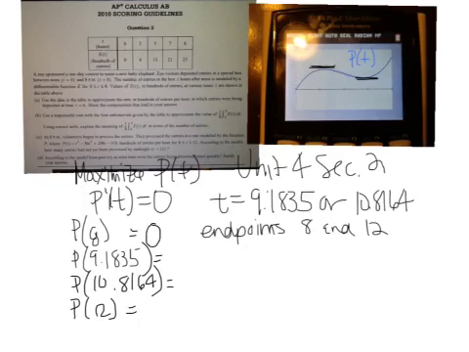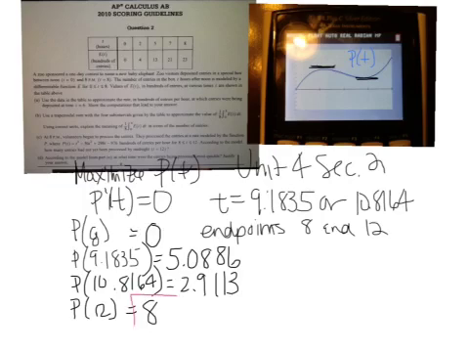If you plug 9.18 in, you're going to get 5.0886. 10.8 would give you 2.9113. And 12 would give you 8. So we're looking for the maximum value, and that would be the maximum value of 8. The question says, though, at what time were the entries being processed the most quickly? And so your answer would be at t equals 12.